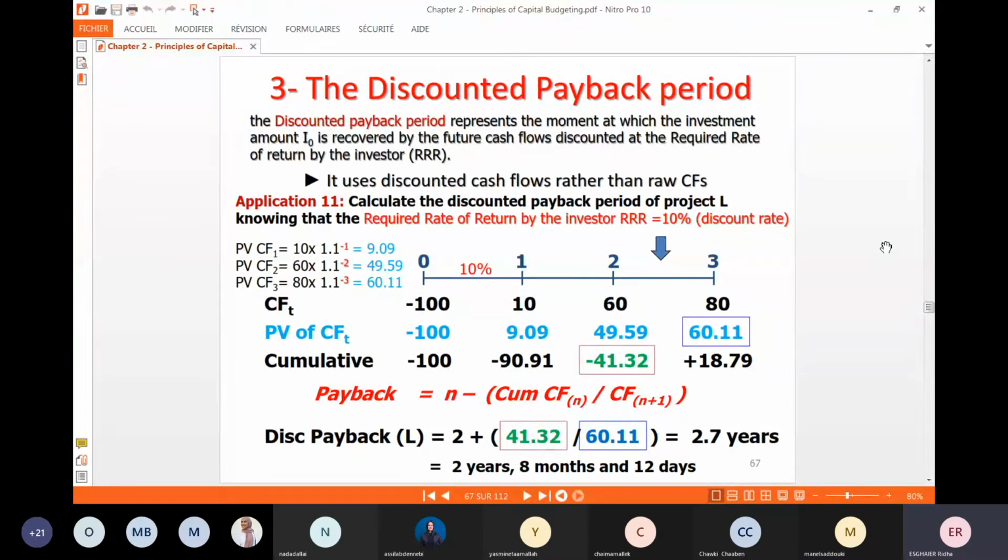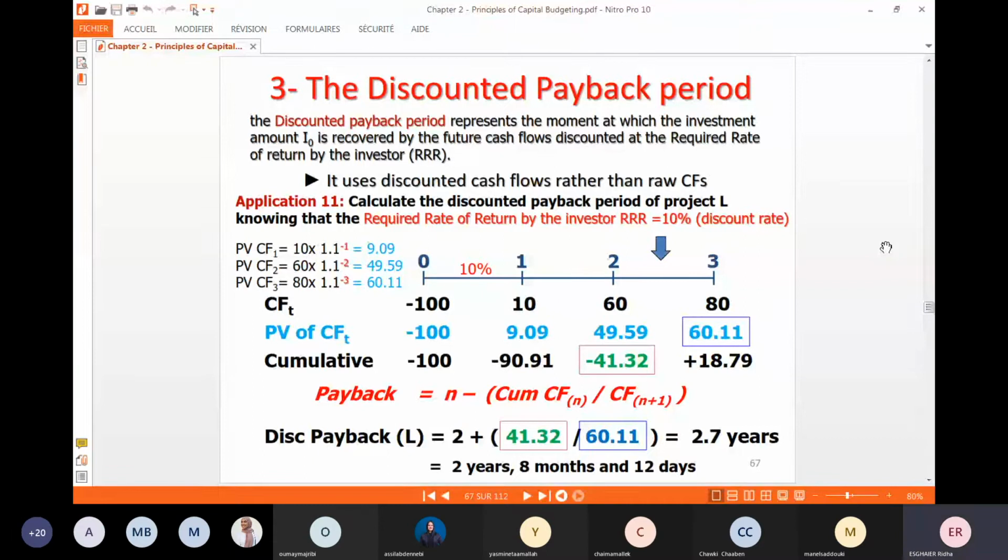This is the required rate of return by the investors to accept to finance this project, to accept to realize this project. For example, the investors find that the money they will use in this project costs them 10%.